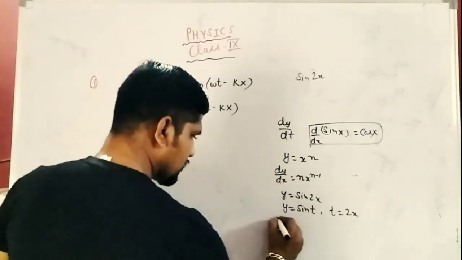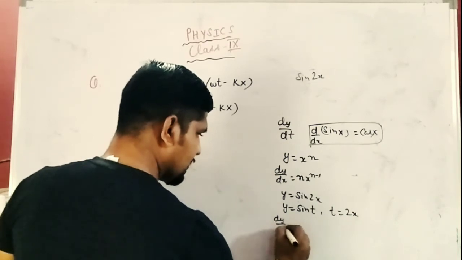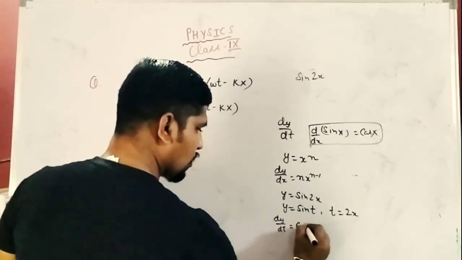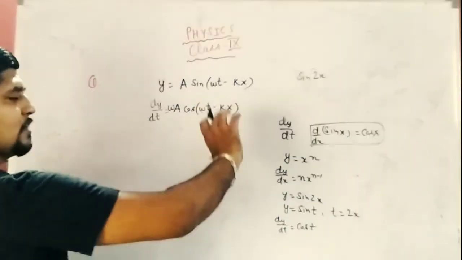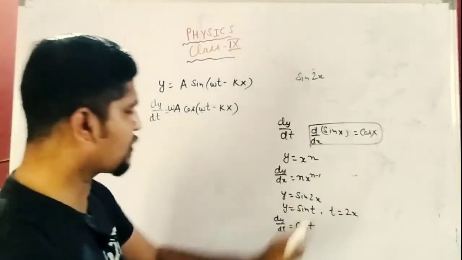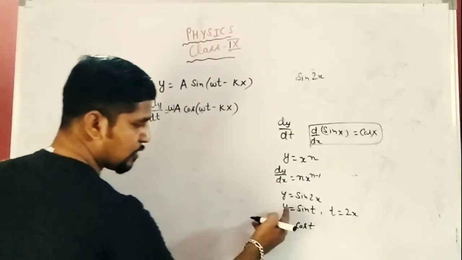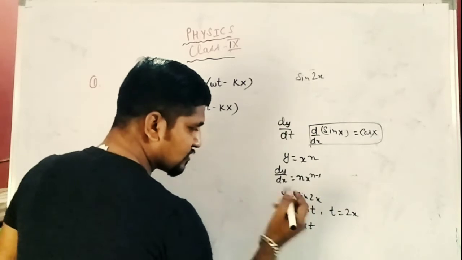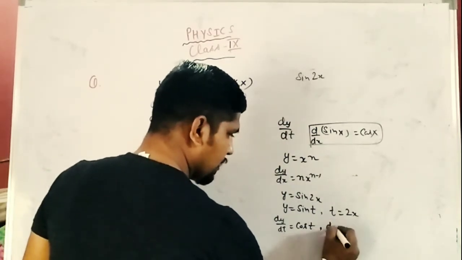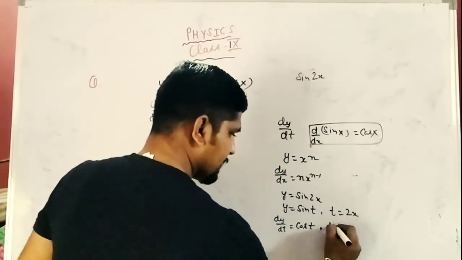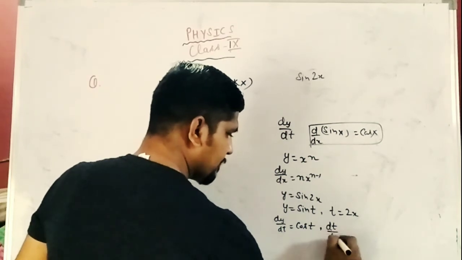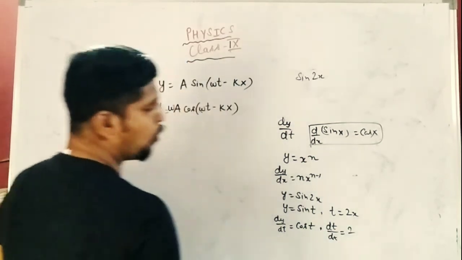So dy by dt is cos t, because differentiation of sin t is cos t. Now dt by dx is 2.